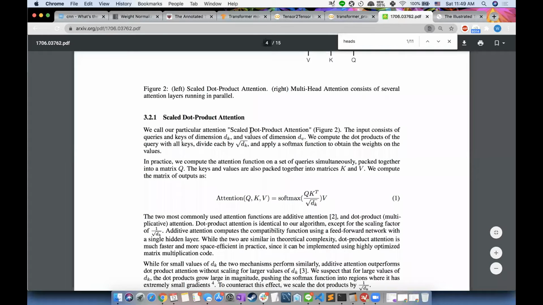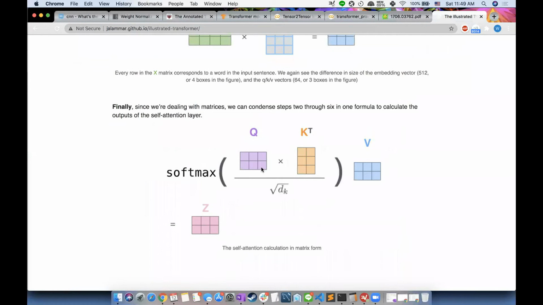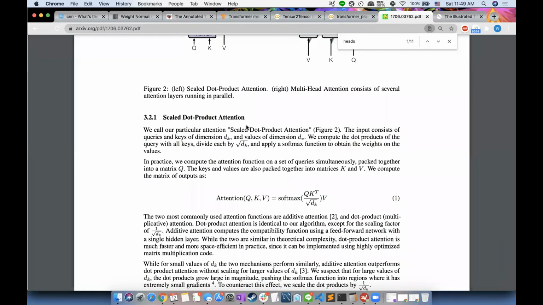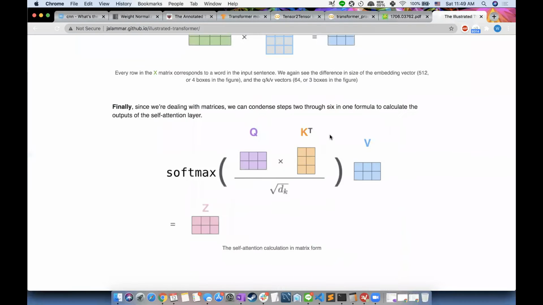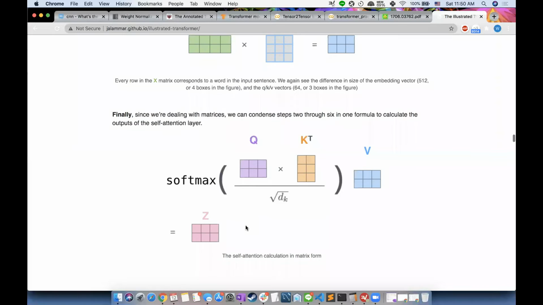Now we're saying dot product, but in the end, is it really dot product? It's really matrix multiplication, yes, and it's scaled by this factor, in this case 8. You do softmax first, and then matrix multiplication, matmul again with V, and you get your Z.